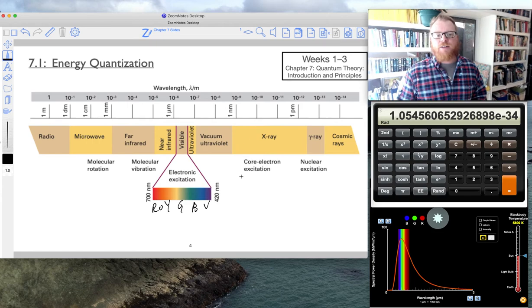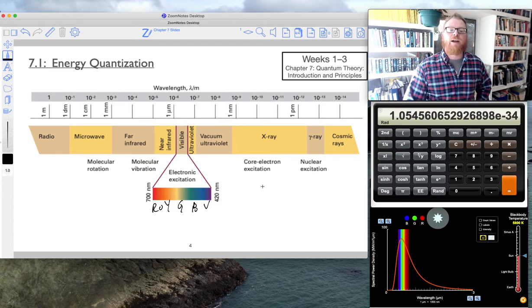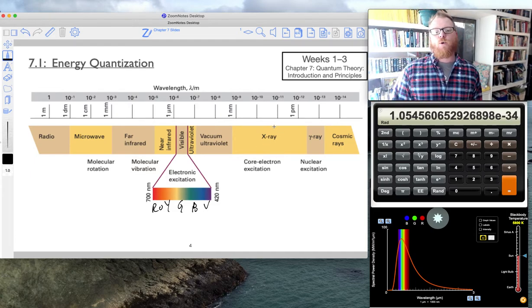Notice here that under X-ray, we get core electron excitation. That's some pretty high energy stuff. We're going to note that this corresponds to X-ray photoelectron spectroscopy. We're going to learn about that type of spectroscopy as we go.